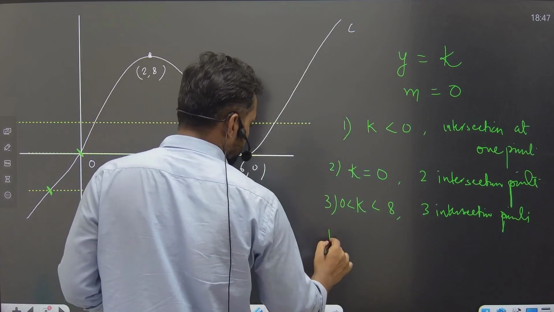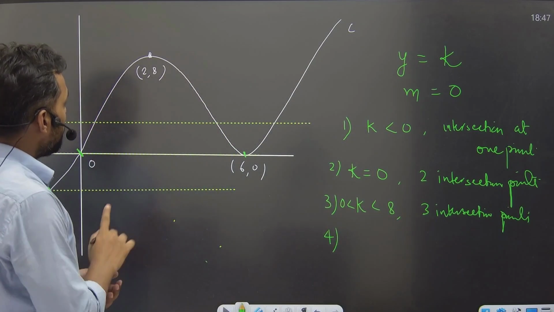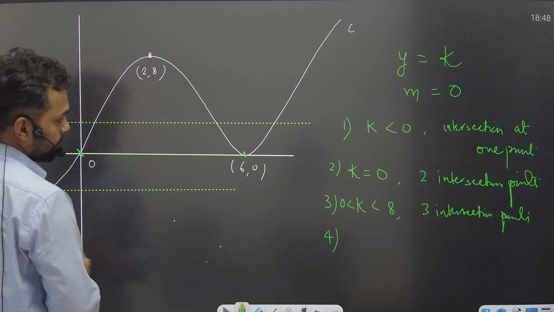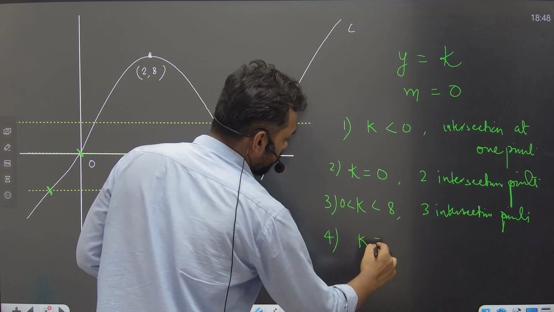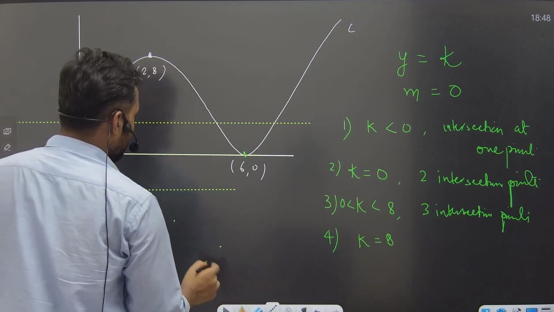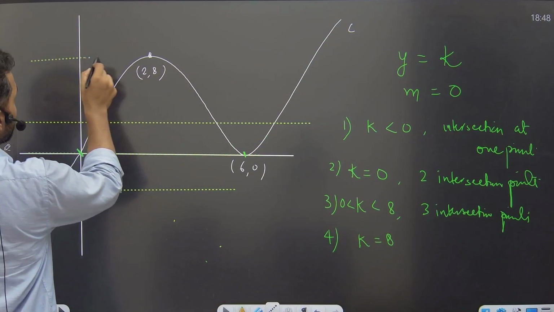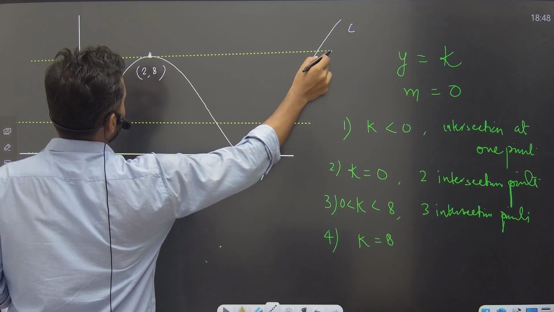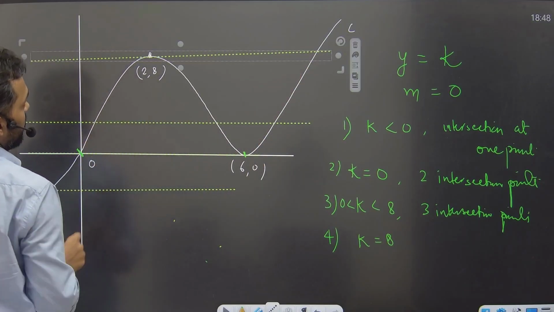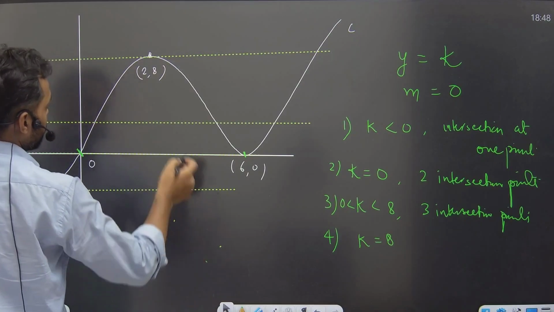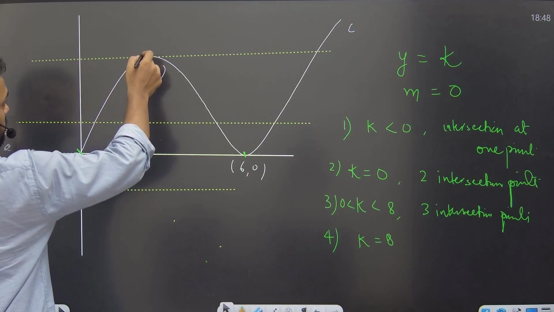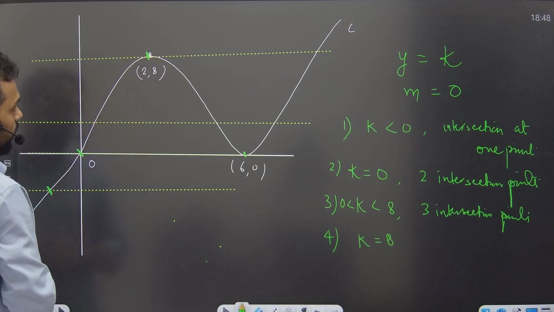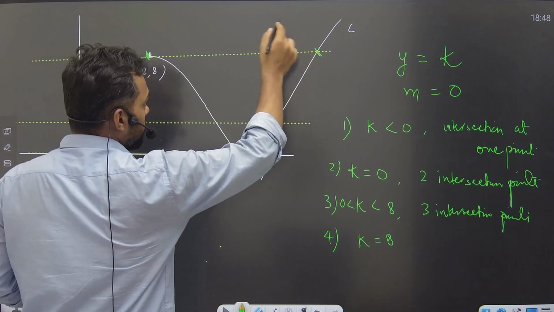Now next part, let's discuss if k is equal to 8, students. Now let's draw another line. So if k is equal to 8, we can clearly observe that this part is the intersection point, and this part is also the intersection point.